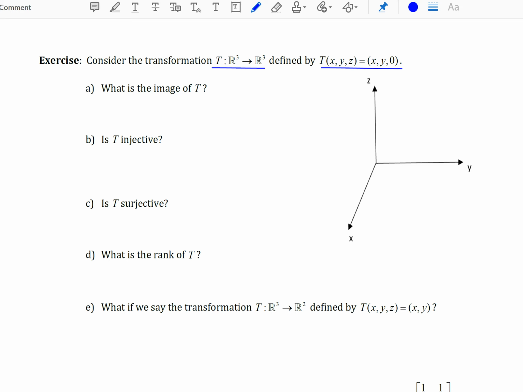So recall, this transformation takes any particular element in our domain, an element of R3, and maps it into our codomain, which is also R3. So a typical element would be x, y, z, so it'd have some x coordinate, some y coordinate, and some z coordinate.